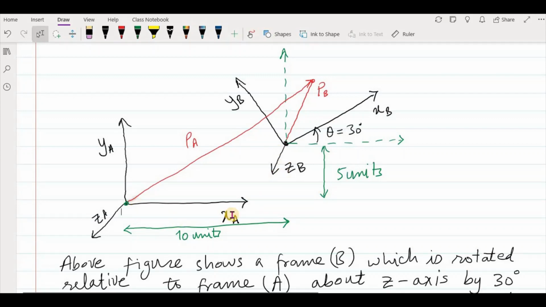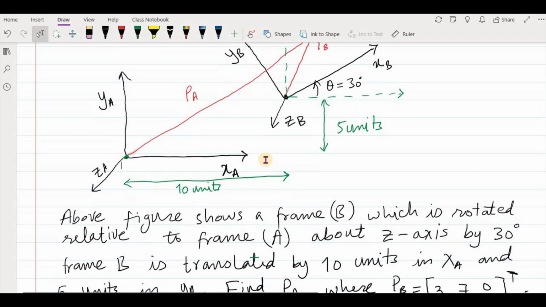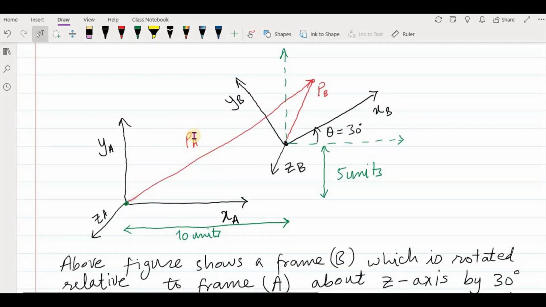So the translation is 10 units and 5 units between the two frames. And so we are given these things, and what we want to find out is the position vector in your frame A.